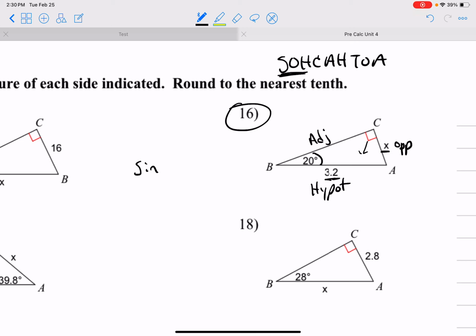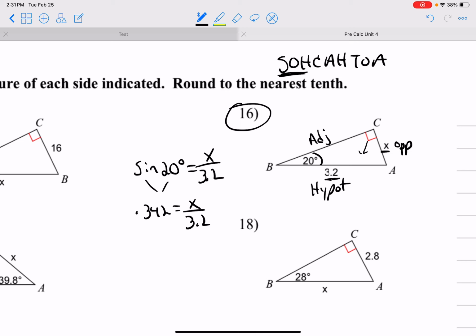So the sine of 20 degrees equals the opposite, x, over the hypotenuse, 3.2. Now I just got to solve for x. Sine of 20 you can do. That is calculatable. So let's see. Sine of 20 degrees, I got 0.342. So 0.342 equals x over 3.2.